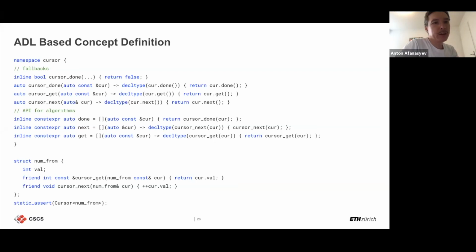But now we can benefit from that, and we can improve this mechanism even more. We can notice that some of the cursor methods can have defaults, like done. If someone wants to define the cursor but doesn't want to define cursor done, probably he means that the cursor is never done and it's infinite.